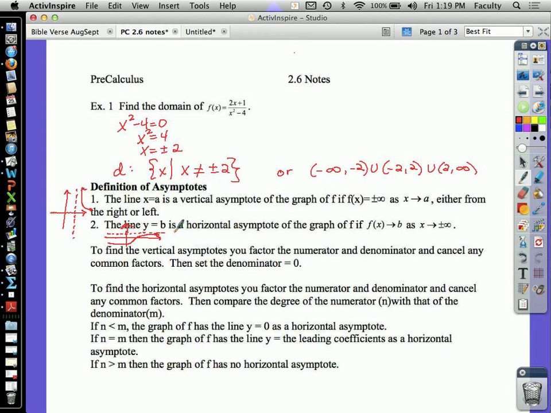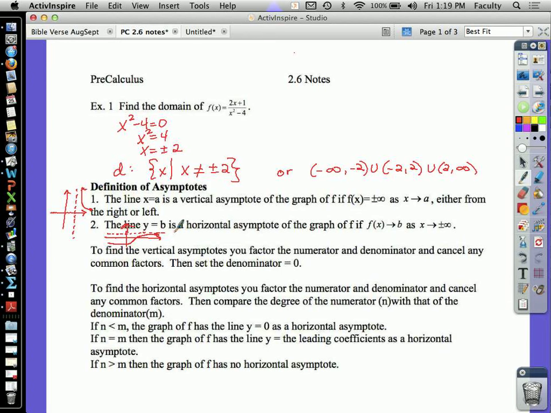To find a vertical asymptote, you're going to factor the numerator, factor the denominator, and cancel any common factors. You need to remember this. You can't just say, and I think we were a little careless last year in Algebra 2, that's why I brought, remember removable discontinuities, where there was a hole in the graph? You have to, and we're going to review it. We don't get to it today, we'll get to it Monday.